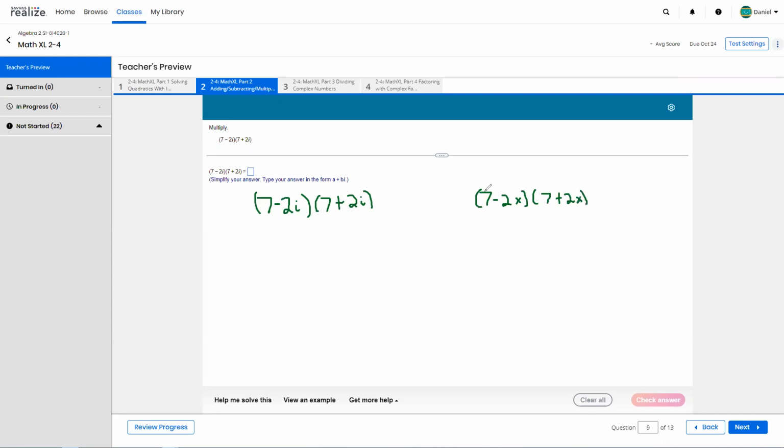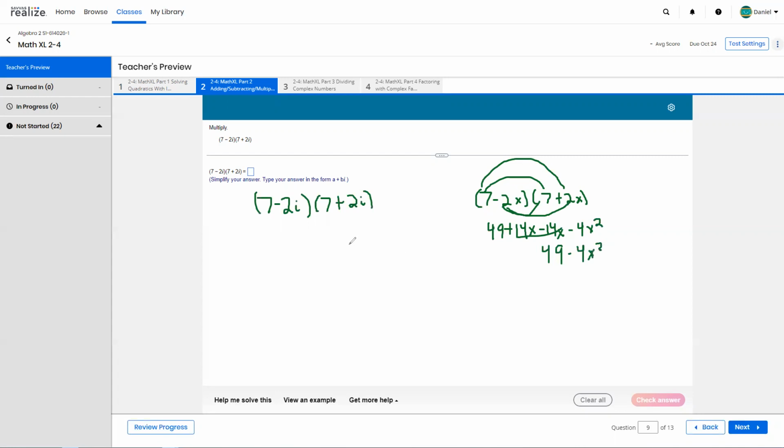If we do this, first, 7 times 7 is 49. 7 times 2x is 14x. That's outer. Inner, negative 2x times 7 is minus 14x. And then negative 2x times 2x is negative 4x squared. These would cancel and you would get 49 minus 4x squared.